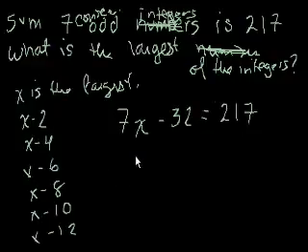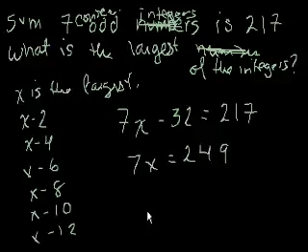And we just solve for x. 7x is equal to, if we add 32 to both sides of this equation, we get 249. Let's see, 7 goes into 249.